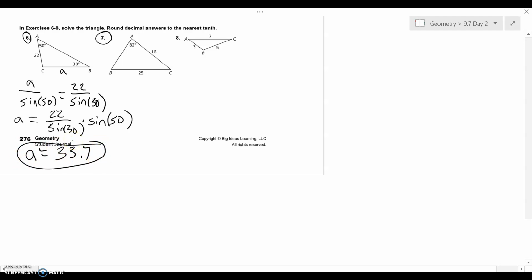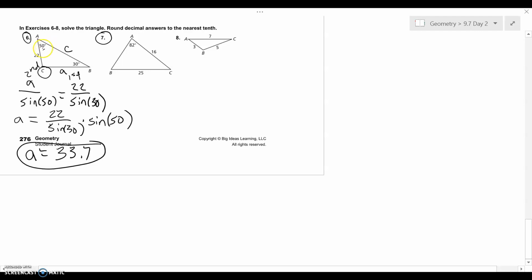And let's see, now I need to find side C. But to do that using law of sines, I've got to know what this angle measure C is. So first, I went and got side A. Second, I'm going to go get angle C. Well, angle C is still part of a triangle, and this goes way back to the beginning of the year for us. Triangles have to add up to 180 degrees for angles.